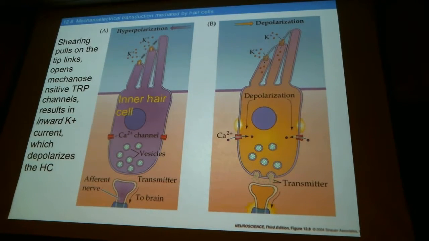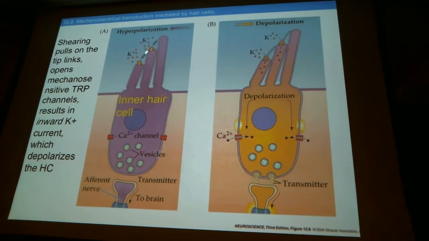At rest, or in the hyperpolarizing direction, these channels are closed, and the tip links are relatively slack. When you bend the stereocilia, the tip links pull on the channels and open them, the TRPA channels. It's a cation channel, and potassium ions flow inward and cause depolarization.